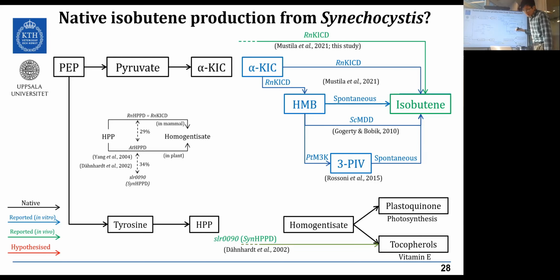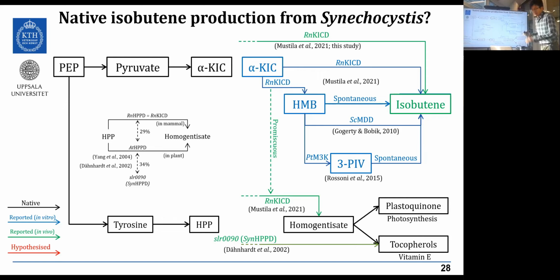And in the mosquito study, it is confirmed that RNKD has a promiscuous activity in Synechocystis. They increased the concentration of homogentisate.